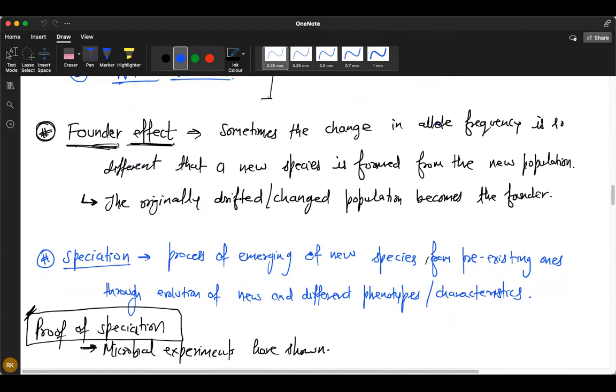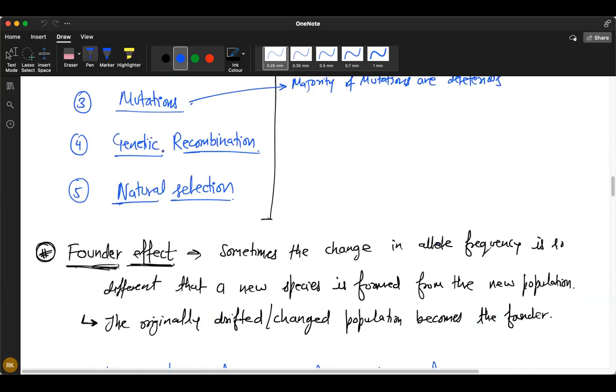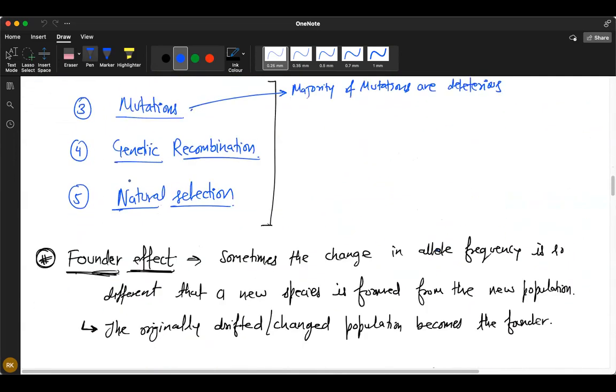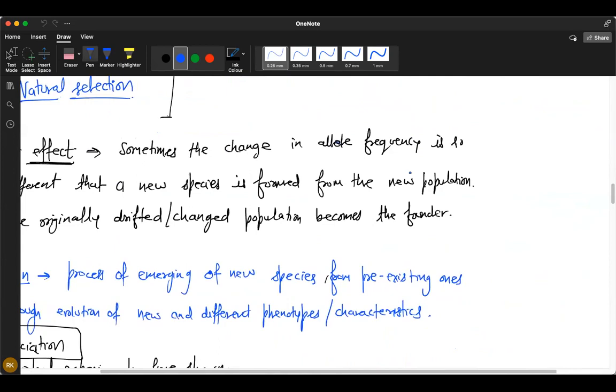So what is a founder? A founder is anyone who founded something. So there are founders of institutions, founders of organizations, etc. Due to the above five reasons, there is a change in the genetic makeup or allele frequency.